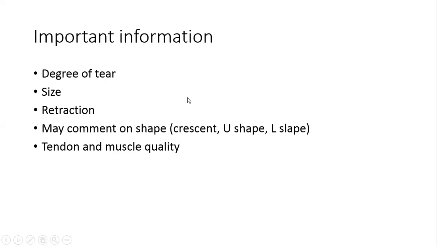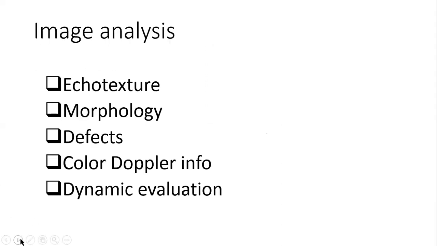If it's tiny microfailures, that can be difficult to measure, but when you see a nicely defined focal defect, you can put a caliper and measure that. And you can say that, okay, the fibers are retracted up to a centimeter, or a millimeter, wherever the measurement is. You may comment on the shape or muscle and tendon quality.